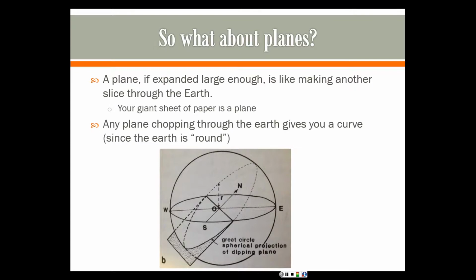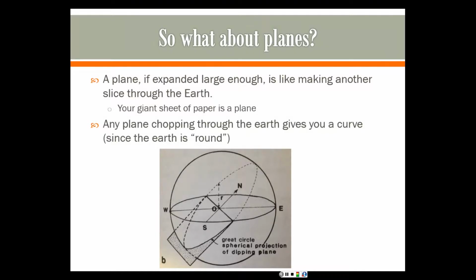Now, if instead of just a tree at a single point, we're worried about a plane, like a bedding plane, or the limb of an anticline, or the plane of a fault, all kinds of different things that we have in geology, we can imagine mathematically that the plane expands infinitely.